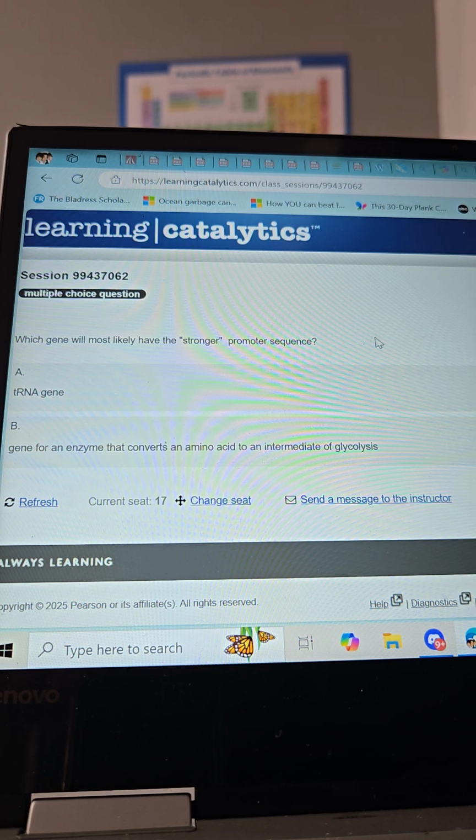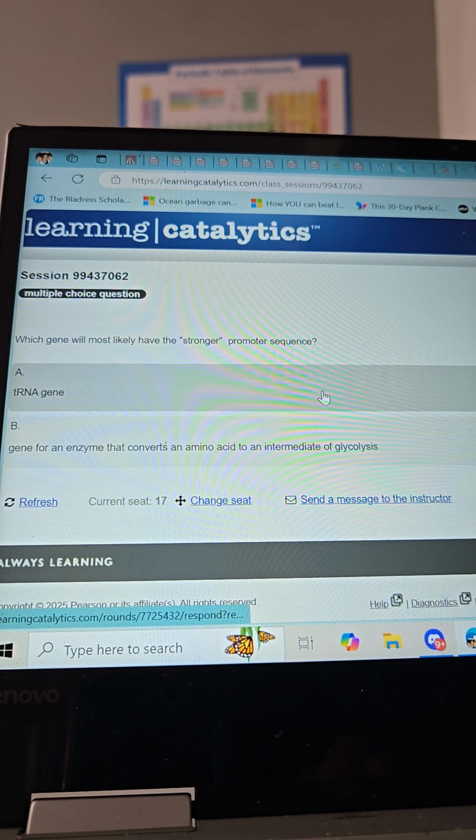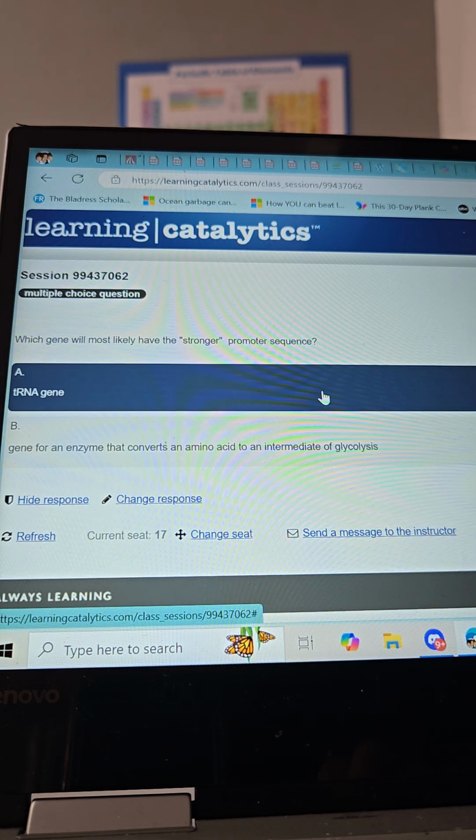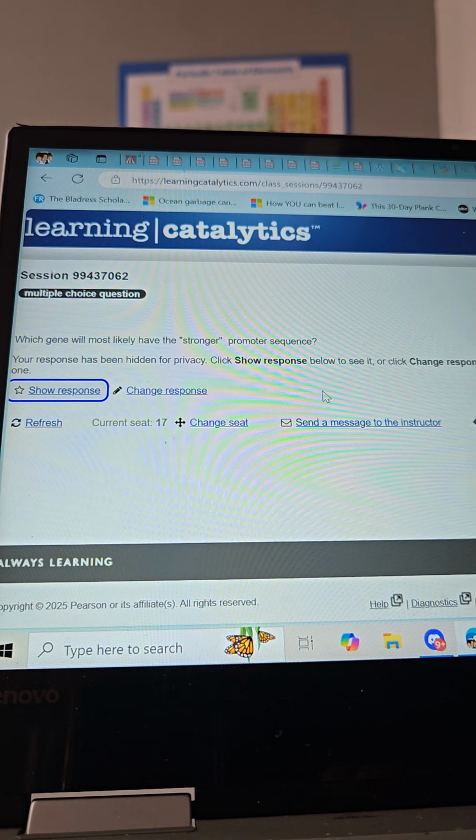Every cell in the body needs tRNAs. Does every cell in the body need an enzyme to convert intermediate amino acids into glycolysis? No. So the one that's going to be made all the time is tRNAs. Something that's going to be made less often will be weaker. So the tRNA gene is going to be very strong.